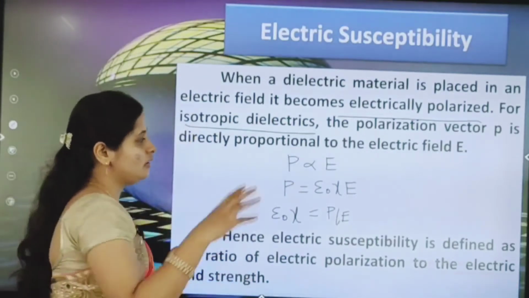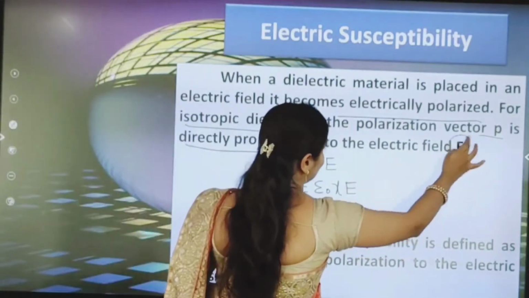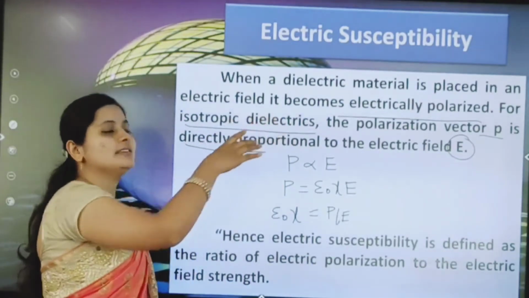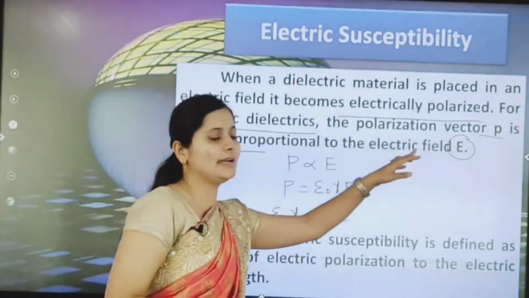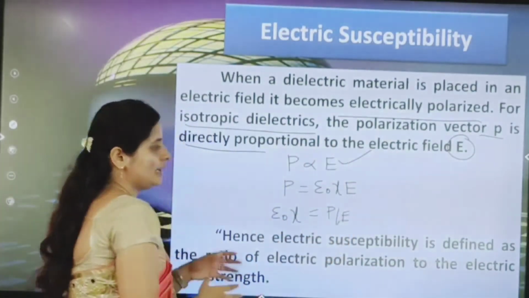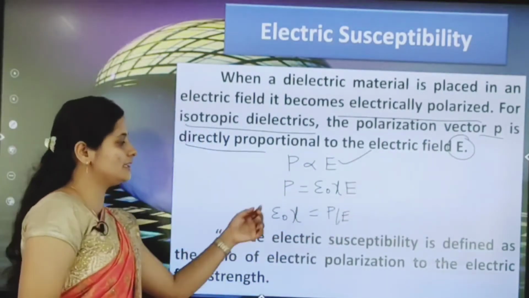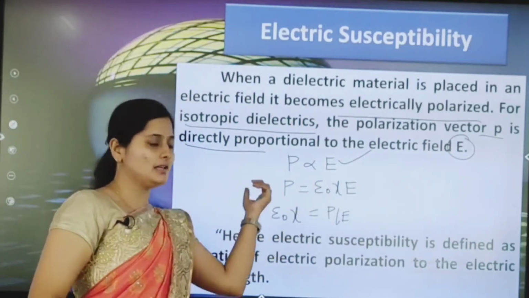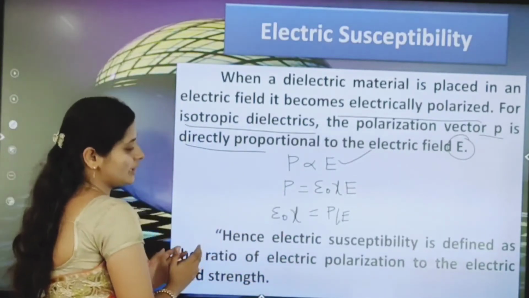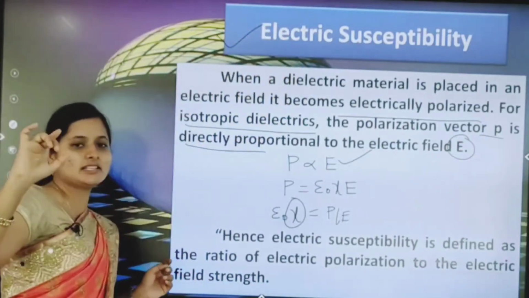In that, the polarization vector P is directly proportional to the electric field E. So we can write P is directly proportional to E, and taking the constant, P is equal to epsilon naught into chi into E. Next, writing in the form of epsilon naught chi, we get P divided by E. Here chi is nothing but our electric susceptibility, that is the notation.